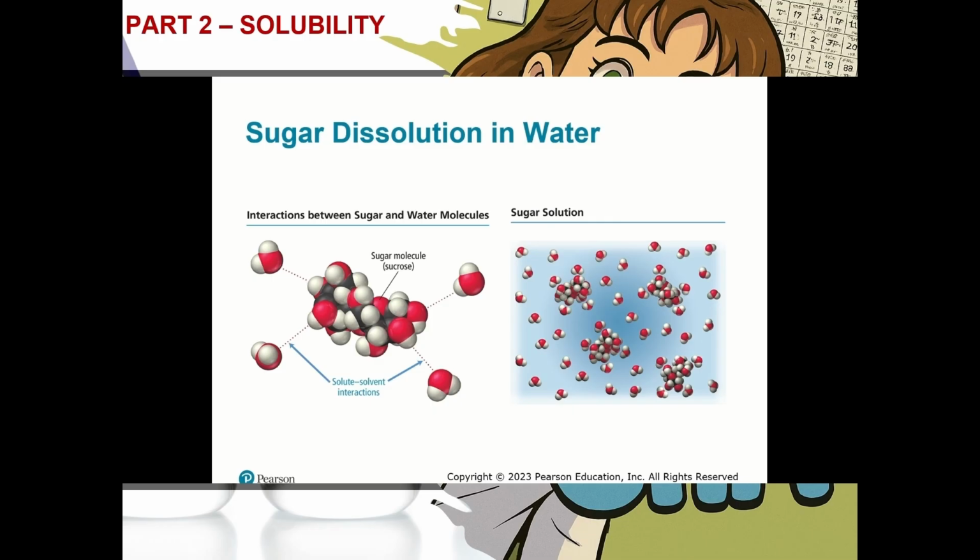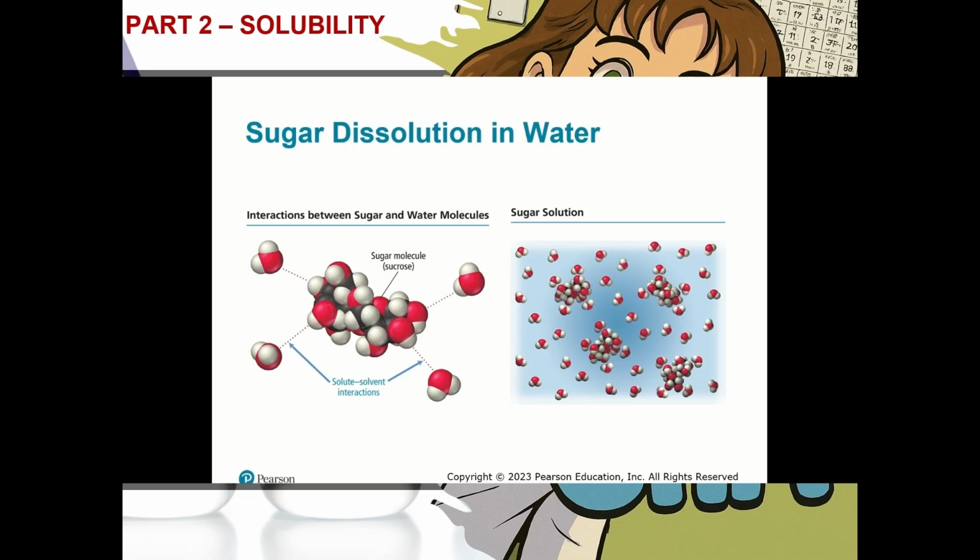So again, the sugar, remember that I said I would get back to it. A sucrose molecule, a sugar, has a central chain of carbon atoms. The black ones here are the carbon atoms, the white are the hydrogen, and the red are the oxygen. So we have oxygen and hydrogen atoms in the sugar molecule.